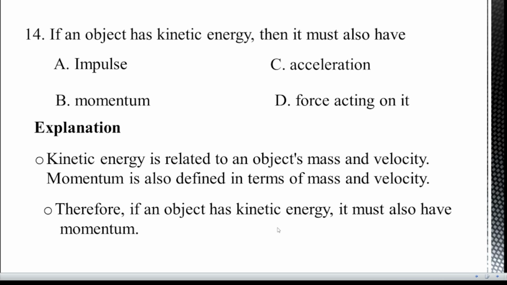And let me remind you of the formula. Kinetic energy is half times m times the square of v. But this is equivalent to the square of the momentum over 2m. Look, therefore, kinetic energy and momentum are correlated, but impulse is not right. The impulse could not be the answer.